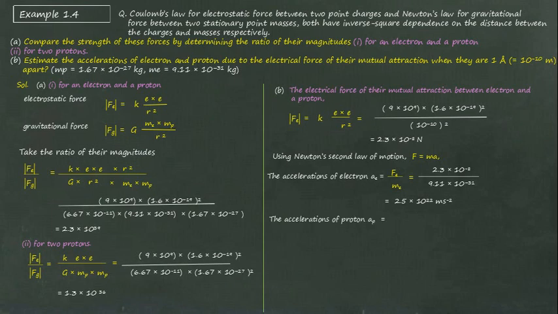Now the acceleration of proton F by mp is equal to 2.3 into 10 raised to minus 8 divided by 1.67 into 10 raised to minus 27 is equal to 1.4 into 10 raised to 19 meter per second square.